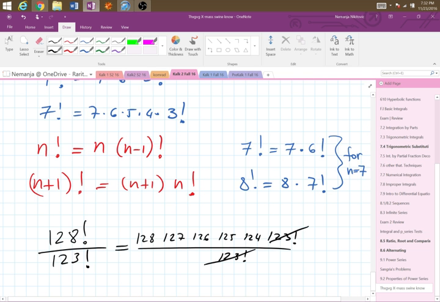We only see it for our ratio test. And then you will find it in discrete mathematics, which most of the computer science students take, and also in number theory.